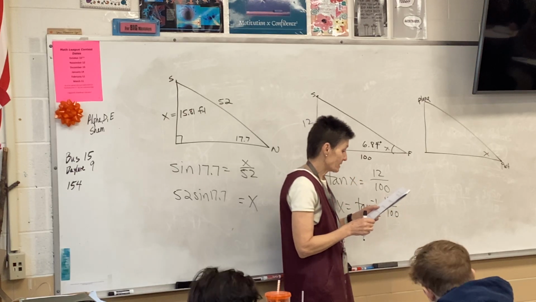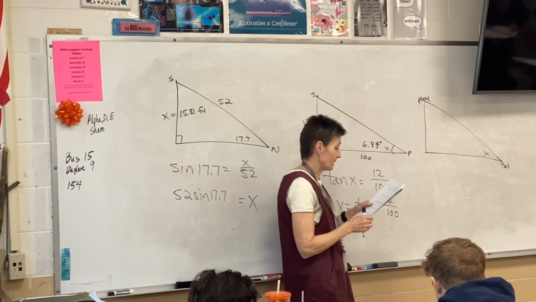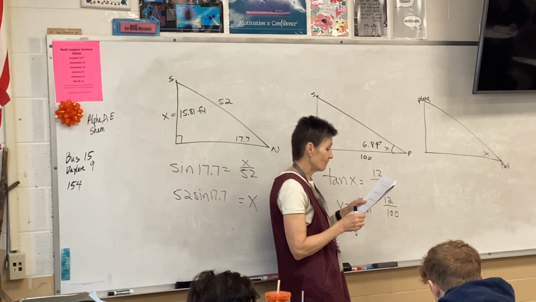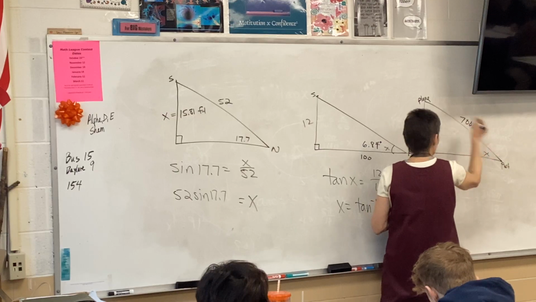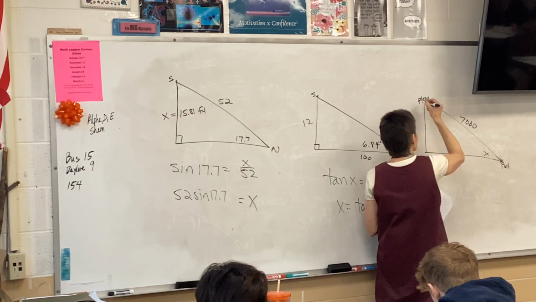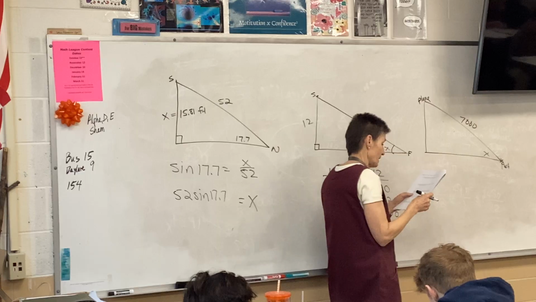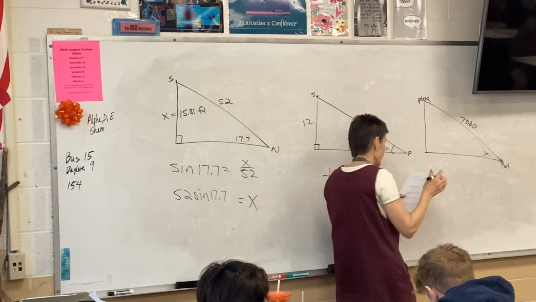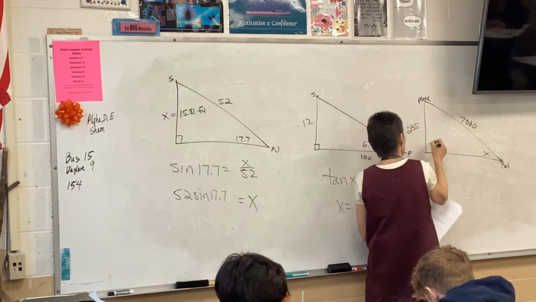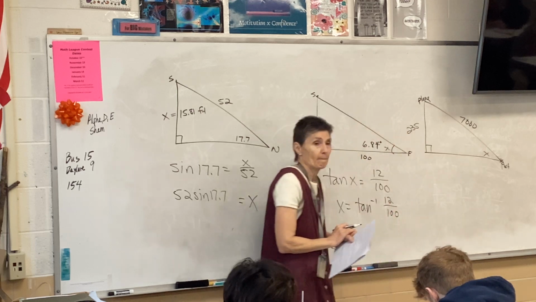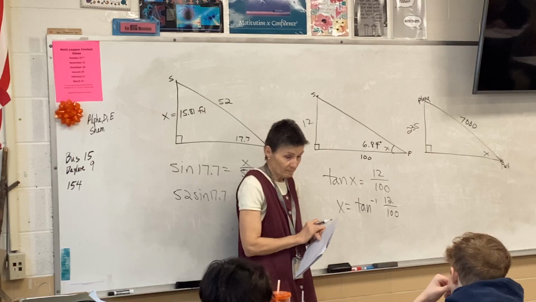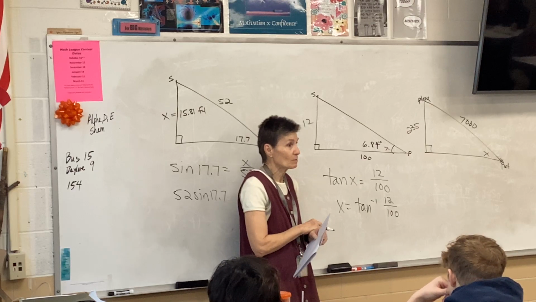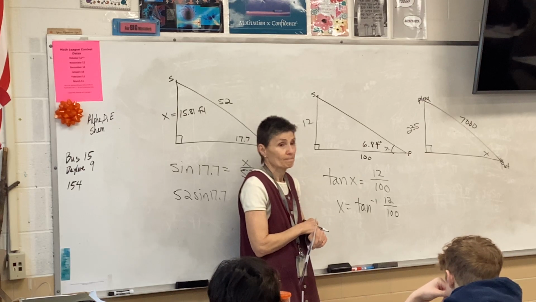If the pilot wants to land at a point that is currently 7,000 feet from the plane, so he wants to land right here, 7,000 feet from the plane, and the plane is 235 feet above the ground. You need to be able to draw that picture. So do those numbers make sense to you?